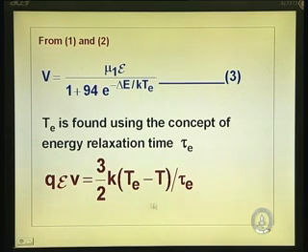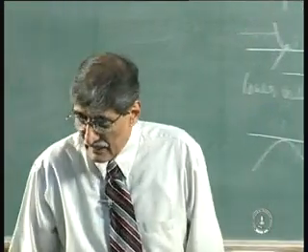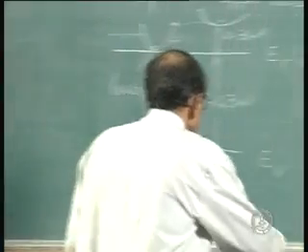See, this quantity 3 by 2 k (Te minus T) is actually the energy of the electron over and above the thermal energy. That is the energy acquired from the electric field. What is this quantity?